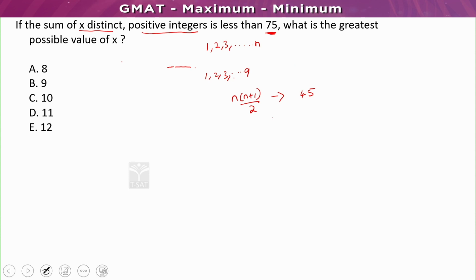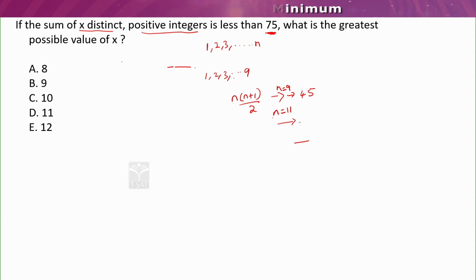If n is equal to 11, it becomes 11 into 12 divided by 2, that is 66. If n becomes 12, you just add 12 to 66.